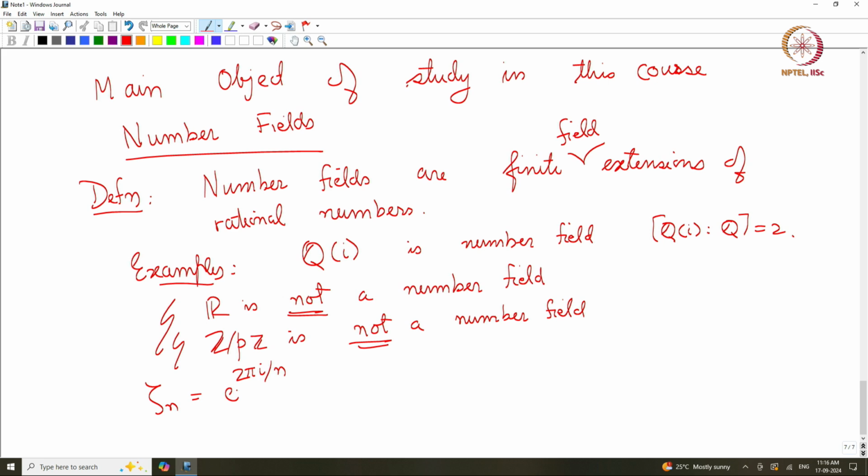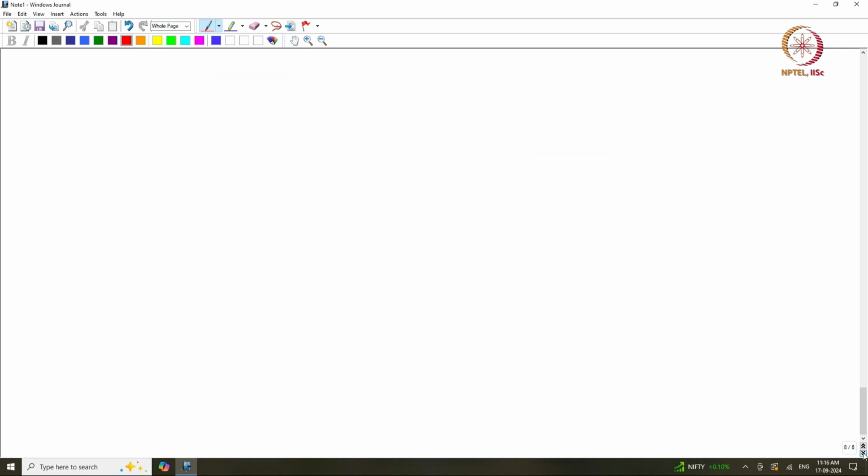So, this is an nth root of 1, this satisfies zeta n to the power n is equal to 1. Okay. I can take the number field Q(zeta n). So, this is all summation i going from 0 to n minus 1 of a_i zeta n to the power i, such that the a_i's are all rational numbers. Okay. This is a number field.